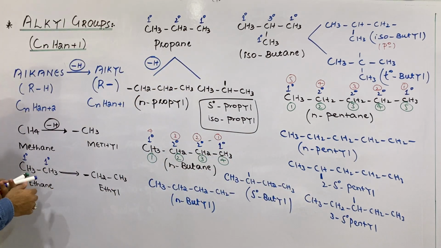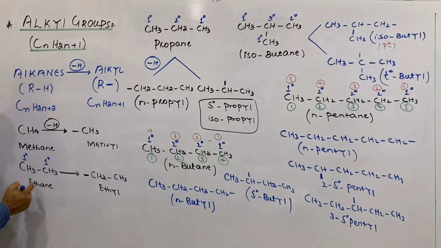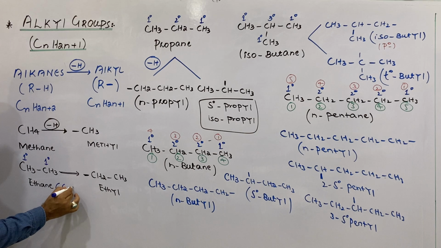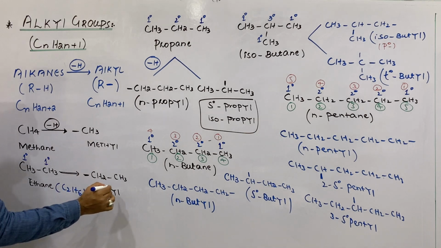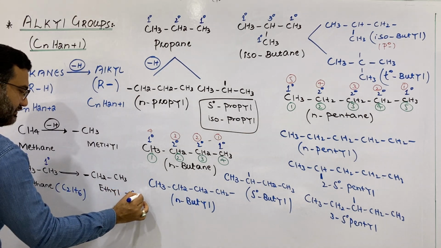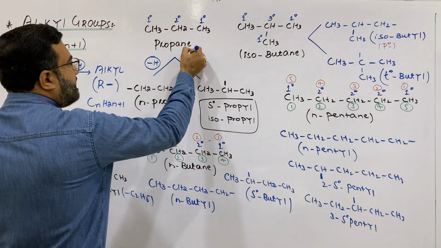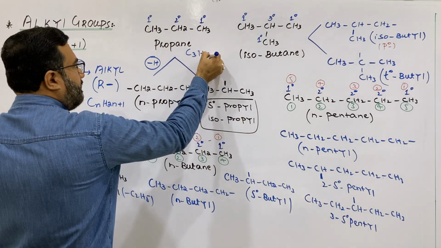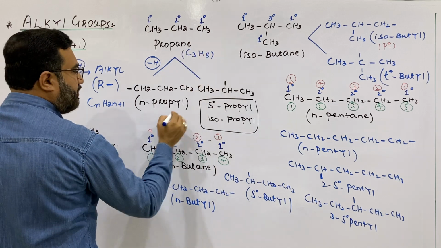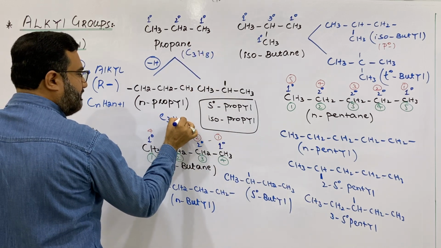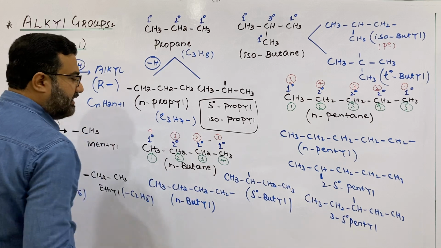My dear students, what will be the next option? Before discussing that, I will give you a concept: ethane has formula C2H6 and ethyl has C2H5. Similarly, propane has C3H8 and both propyls have C3H7.